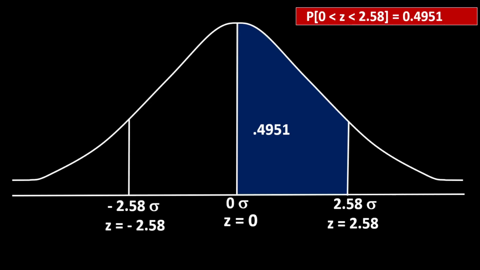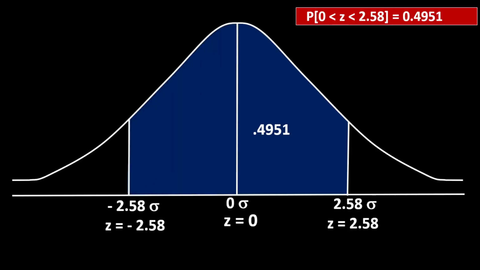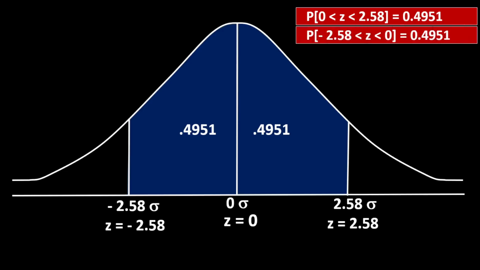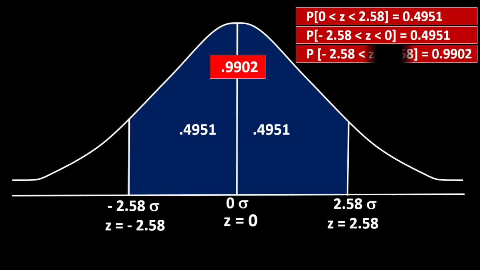area between minus 2.58 sigma and 0 sigma is 0.4951 according to the table, and it is written like this: probability minus 2.58 is less than Z is less than 0 equals to 0.4951, and the area between minus 2.58 sigma and 2.58 sigma is the sum of these two areas, that is 0.9902, and it is written like P minus 2.58 less than Z less than 2.58 equals to 0.9902.